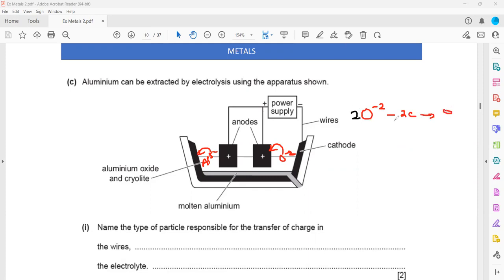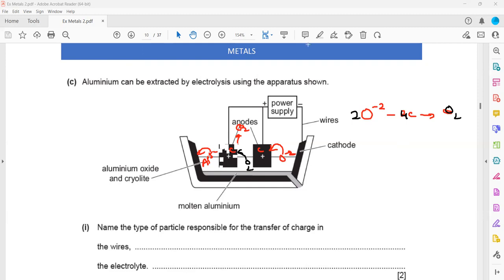When 2 oxide ions are there, they will lose 4 electrons and form oxygen gas. This oxygen gas will react with carbon, because the anode and cathode are made from carbon. The oxygen gas produced will react with the carbon and form carbon dioxide. So the size of the anode will start to decrease because the carbon is reacting with oxygen.